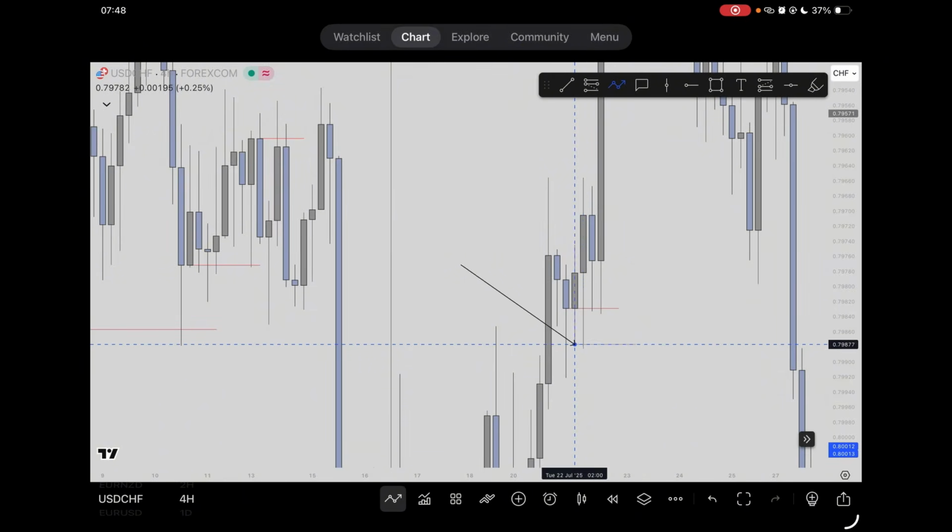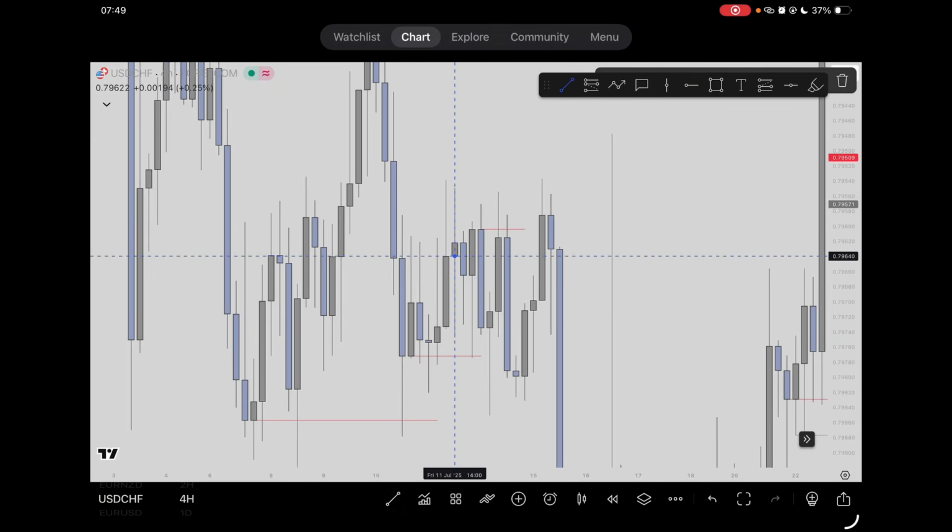Why did the price come back to this low and buy? For you to know that price is rejecting lower prices, so it's rejecting to sell. After this happened, you can see it may give us a breakout. You should have known that I would have used this place for a buy.